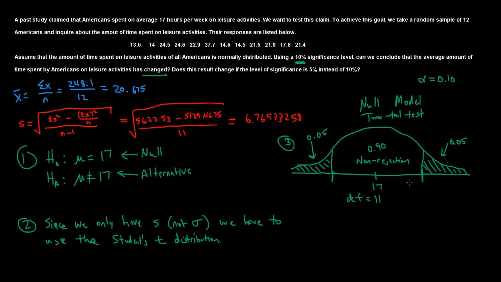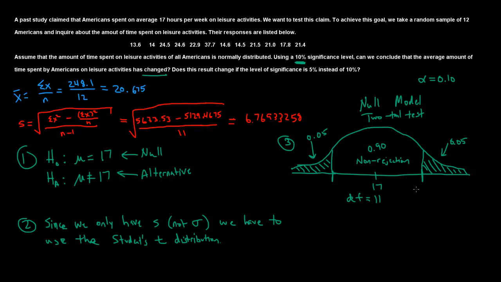Okay, so if we go to the t-chart, and I'm going to look this up real fast, give me just half a sec. I'm looking at row 11 for degrees of freedom, and the column with 0.05. If you look at the intersection of the 0.05 column and the row with 11, I get 1.796.